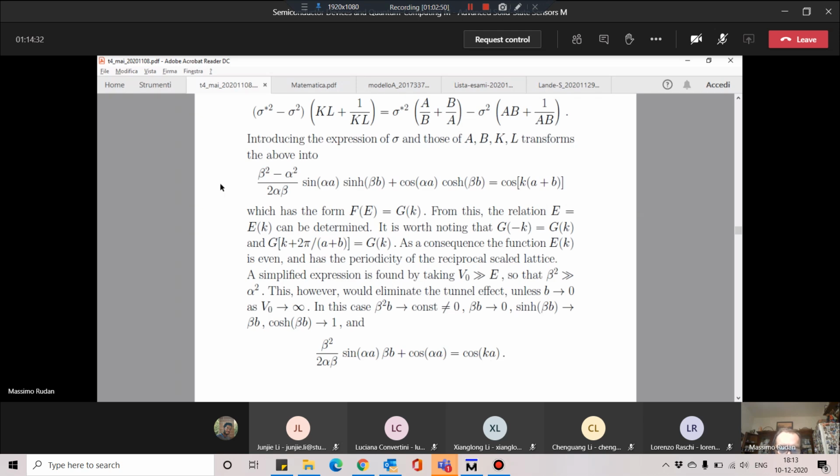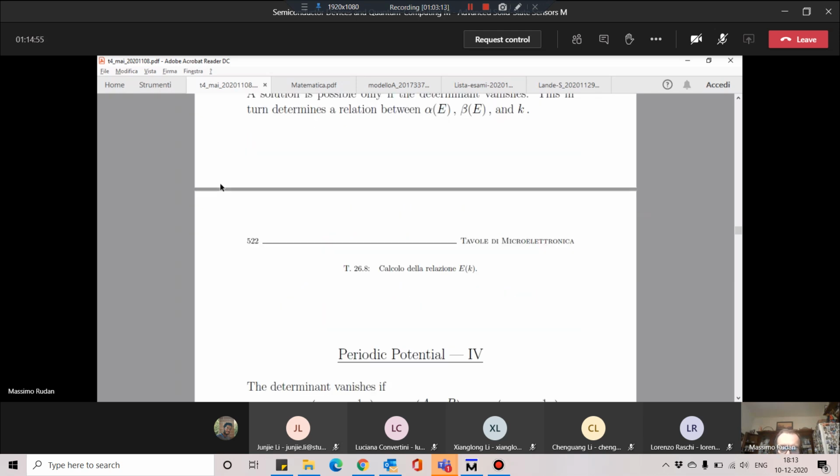Now the issue is the expression in the middle of the page is still rather complicated for an analytical analysis, but we can improve it a little bit by making this observation. You remember that we have two parameters, beta and alpha.